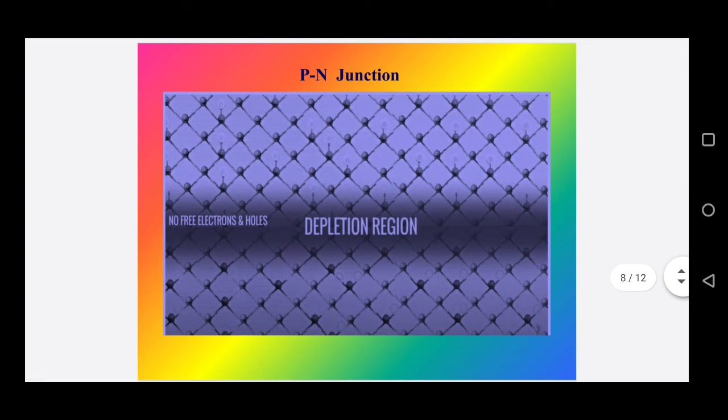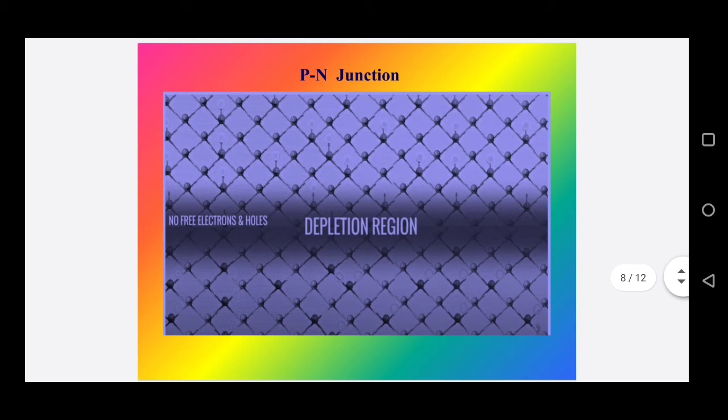When these doped materials are connected together, that is p-type doped material and n-type doped material connected together, the extra electrons from the n side are moving towards the p side, and they fill the holes in the p side.